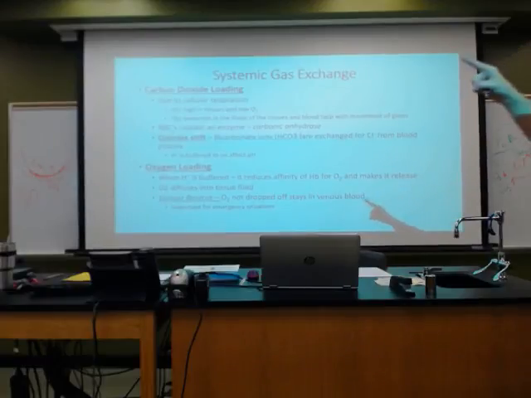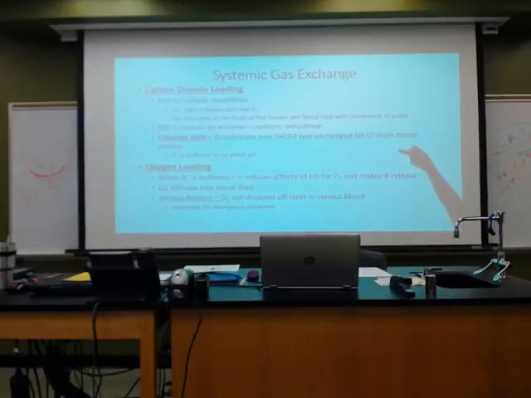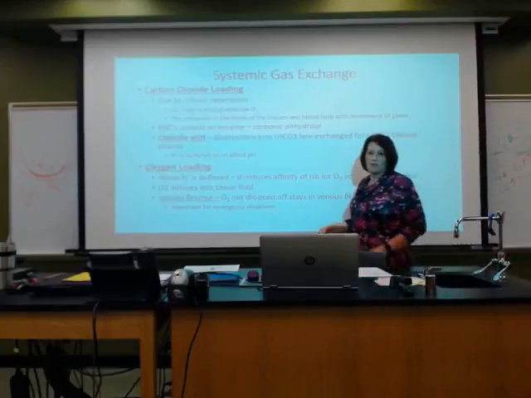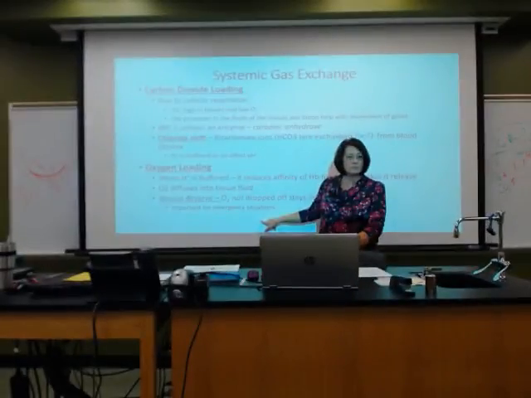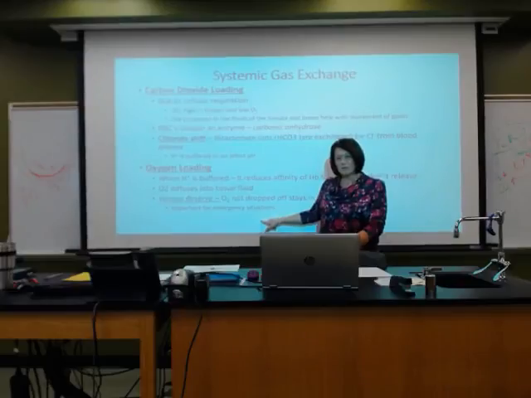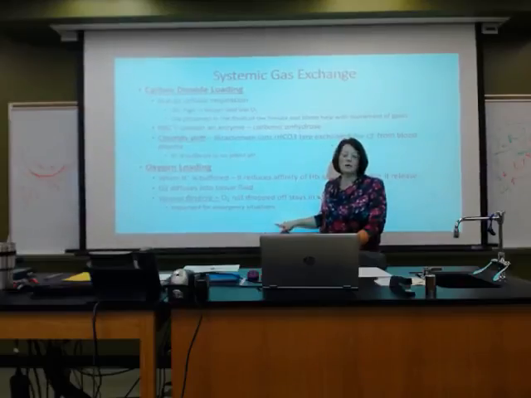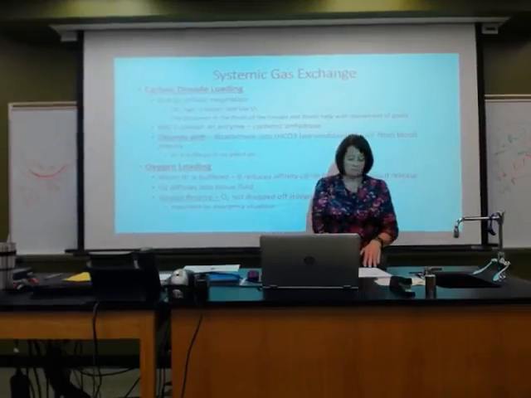Because of that dissociation curve, that red blood cell might still have 2 oxygens on its return back to the lungs. Are you following me? Mm-hmm. So that tells me that in my veins, I have an oxygen reserve. This is important, especially in an emergency situation.